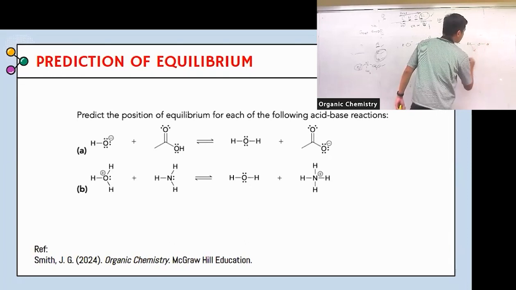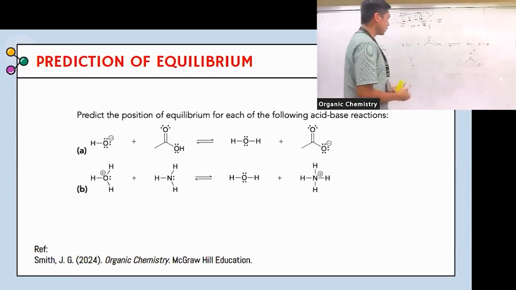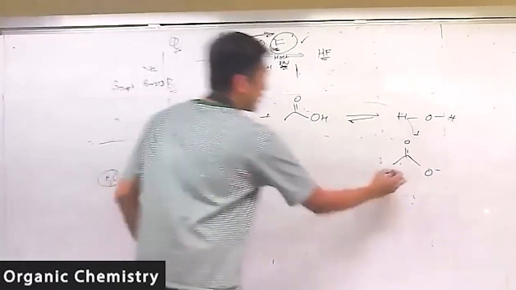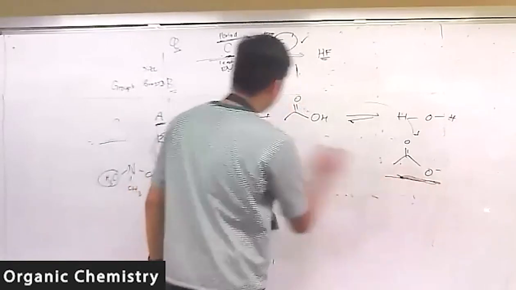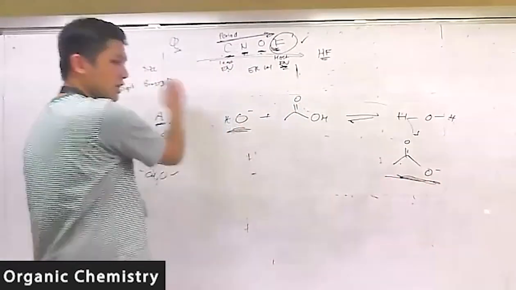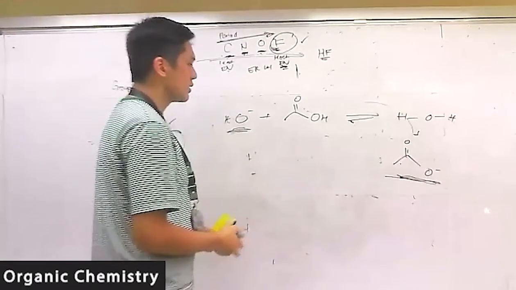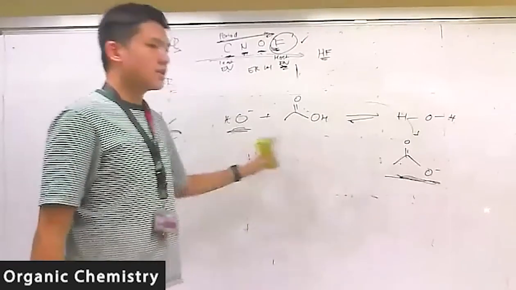So what are we going to look for in this equilibrium reaction? We look at the ions. Which among these ions is more stable? Using the criteria that we talked about earlier, what criteria should we be using when comparing these two ions?